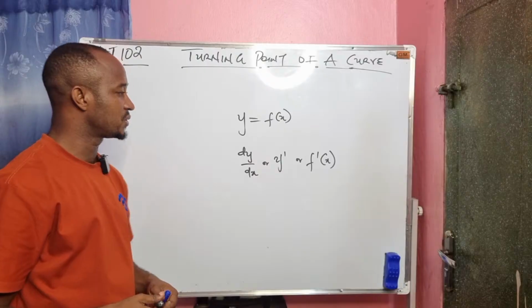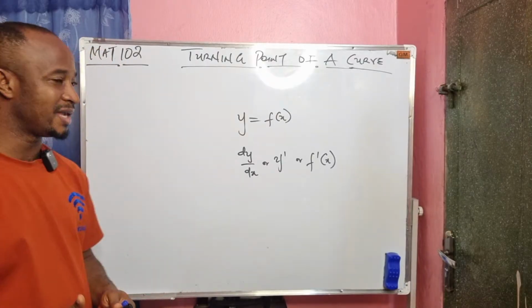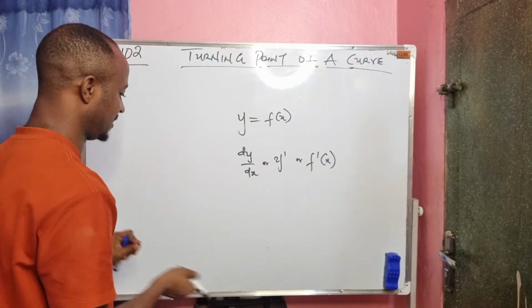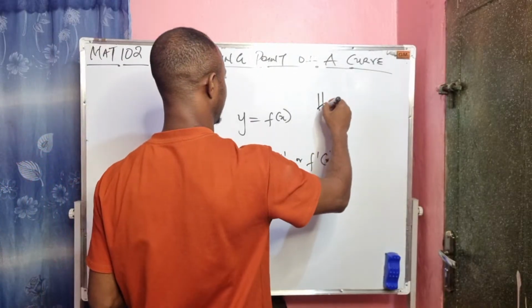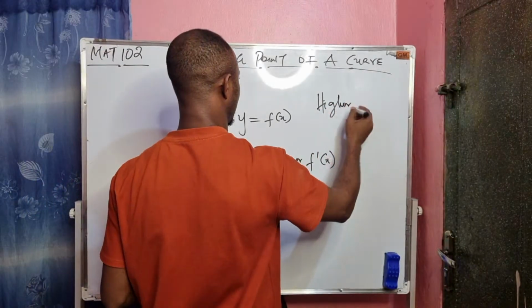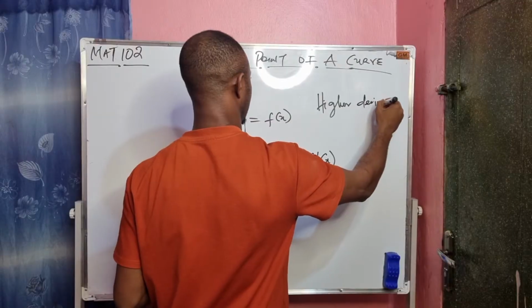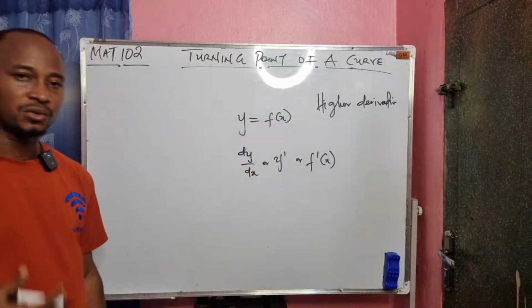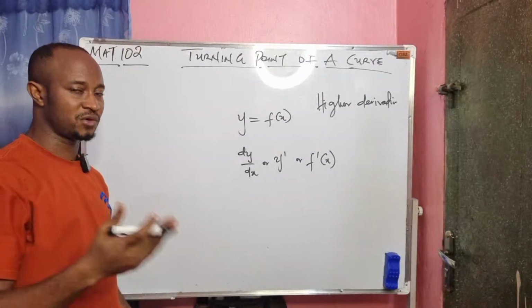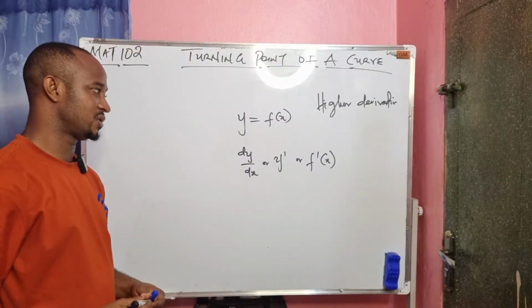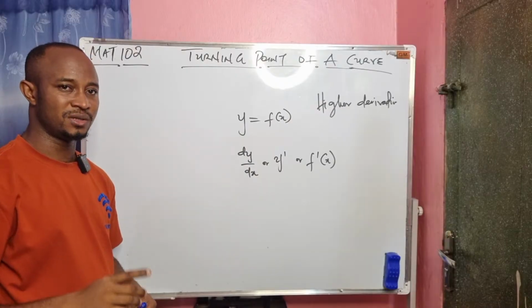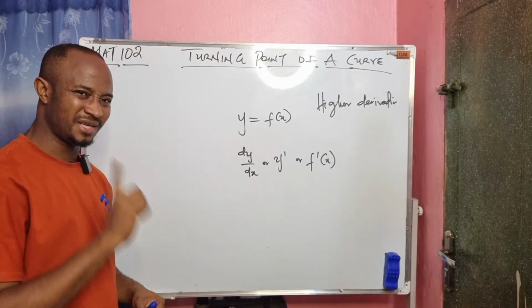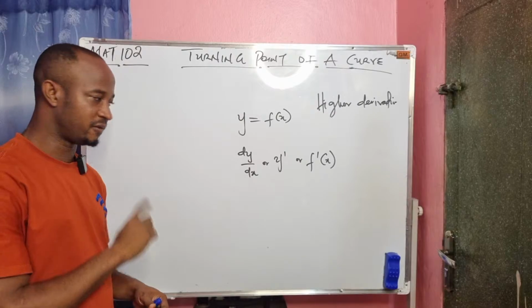Then we also talked about higher derivatives. When you hear the word higher derivative, we are talking about second derivative functions, third derivative functions, even fourth or fifth derivative functions. The first differentiation is called the first derivative of a function.